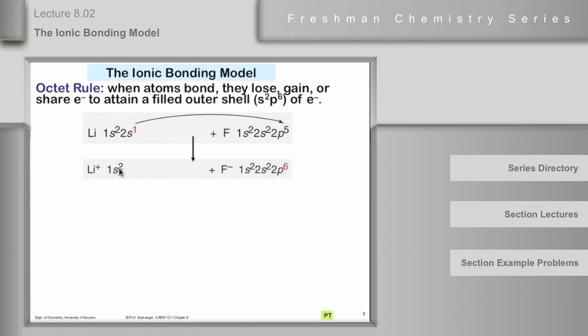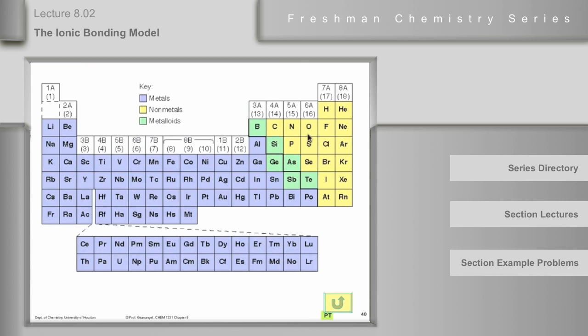with a 1s2 configuration, which is the helium configuration, which is quite stable, and fluoride ion, F minus, which is 1s2, 2s2, 2p6, which corresponds to neon.